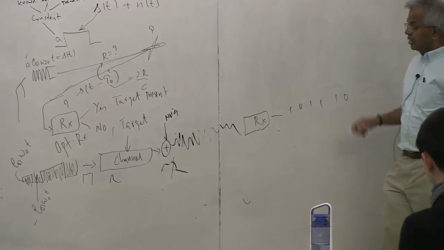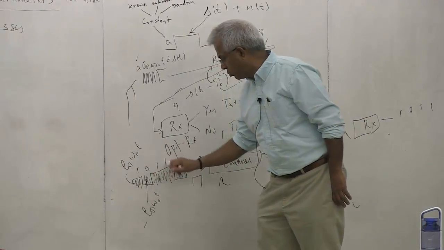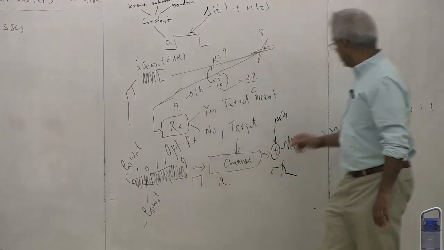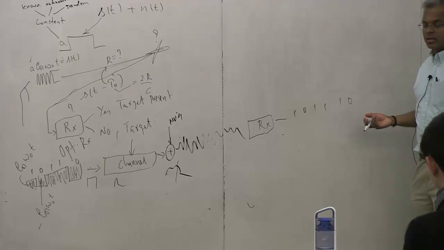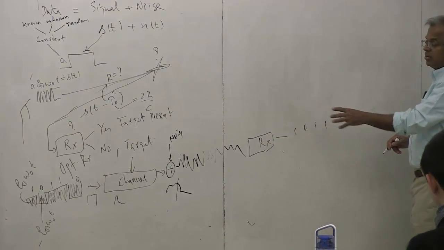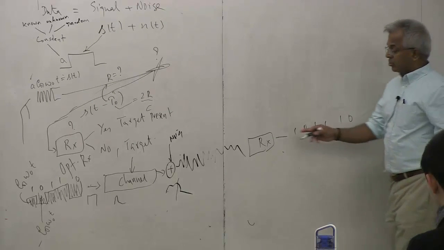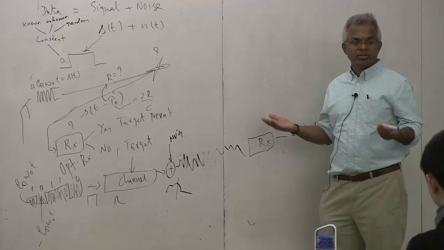Remember what we transmitted was 1 0 1 1 0, etc. If this sequence matches that, there is no error. Otherwise there will be an error. So you can say that the job of this receiver is to minimize the error. We can start with that condition.